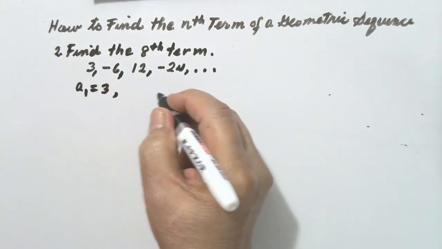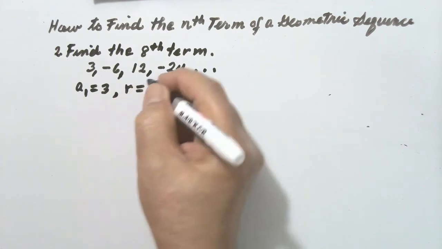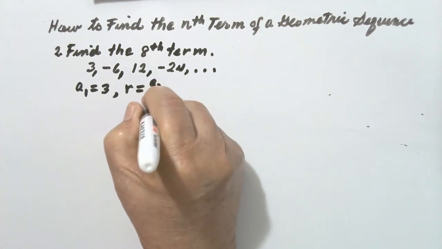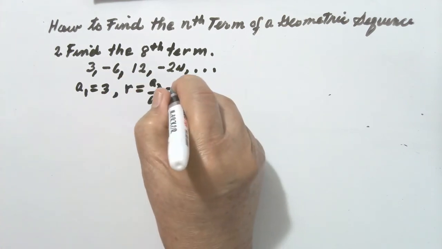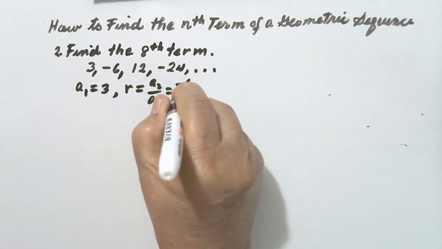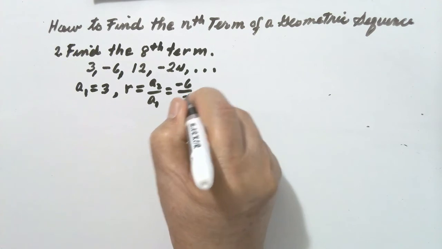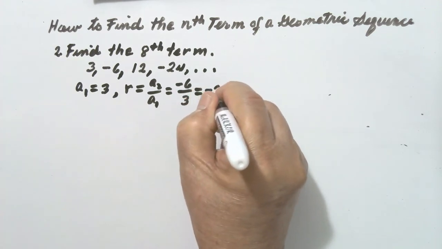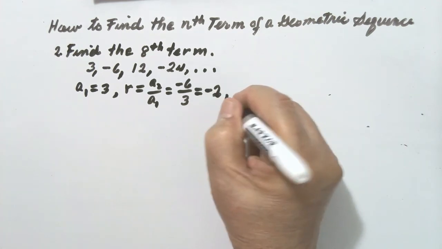Then determine the common ratio. R is a sub 2 over a sub 1. A sub 2 is negative 6, the second term, over a sub 1, which is 3. Negative 6 over 3 is negative 2. So the common ratio is negative 2.